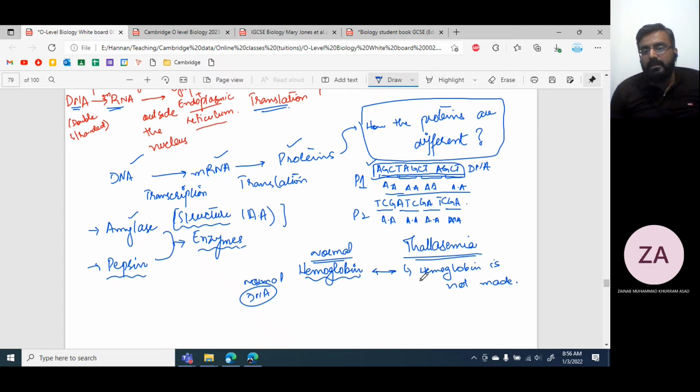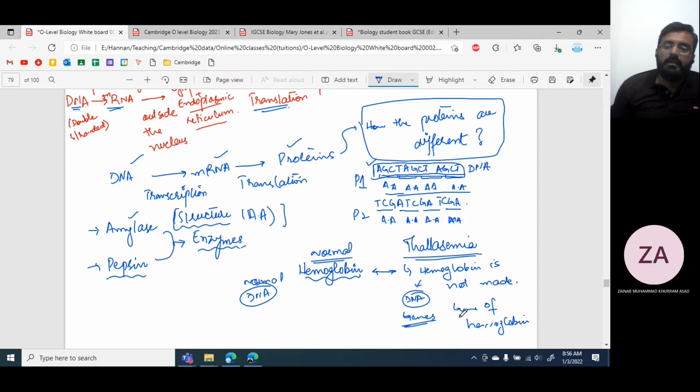But in a thalassaemic patient, what is responsible is the DNA, or you may say the gene of hemoglobin. This is a small example which I found necessary to mention here, that the gene of hemoglobin is actually responsible for the change in the structure. In this case, hemoglobin is useless. In this case, hemoglobin is useful. So every time responsible is the gene.